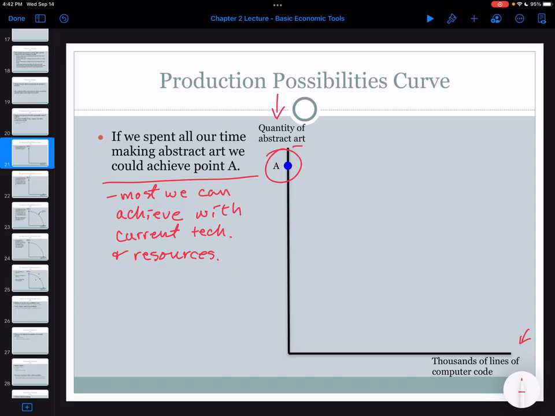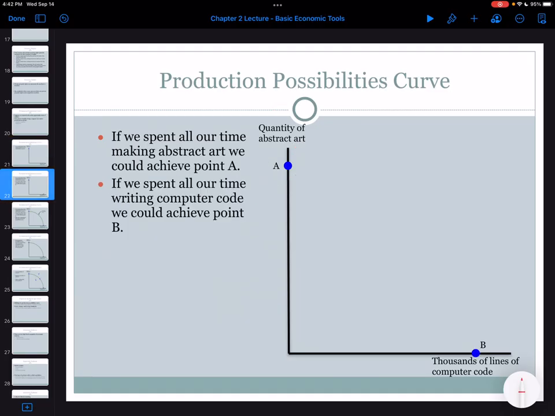All right, so let's look at the opposite or the other thing we could produce, which is code. If instead we spend all of our time and technology and resources on writing code, the most we can do is point B. So that's what I've got listed here. B represents if we devoted everything, all our resources, time, and technology, to making programs.